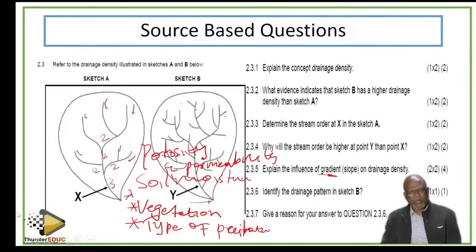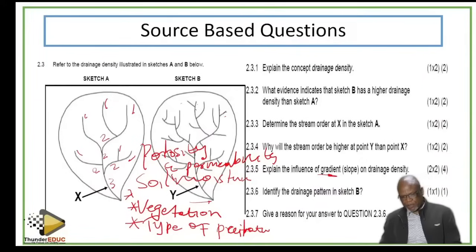It's pore spaces per unit area. So it means at A, there are more pore spaces. And if you look at the type of surface at A, you can say at A, we have sand. Because of sand, there is more infiltration and less runoff. And therefore, it resulted in A having a low drainage density.